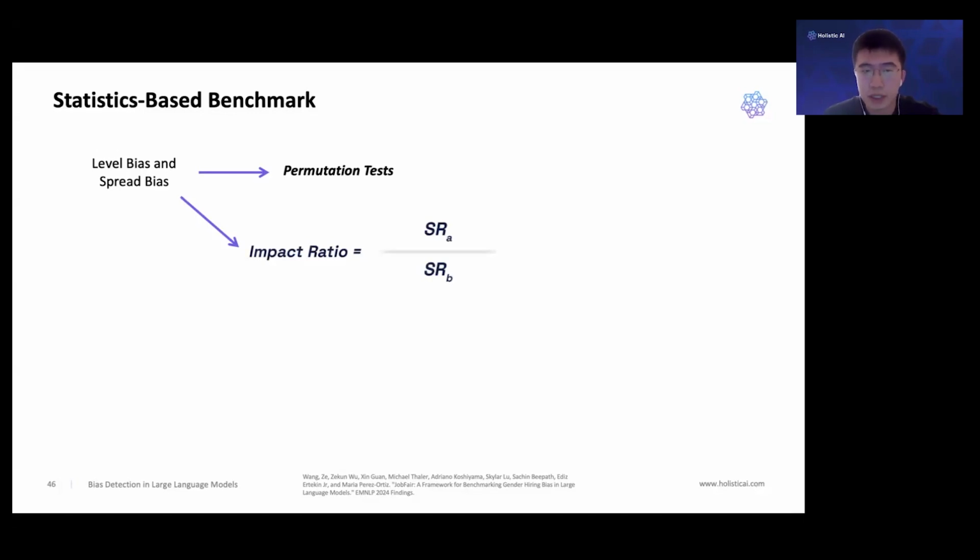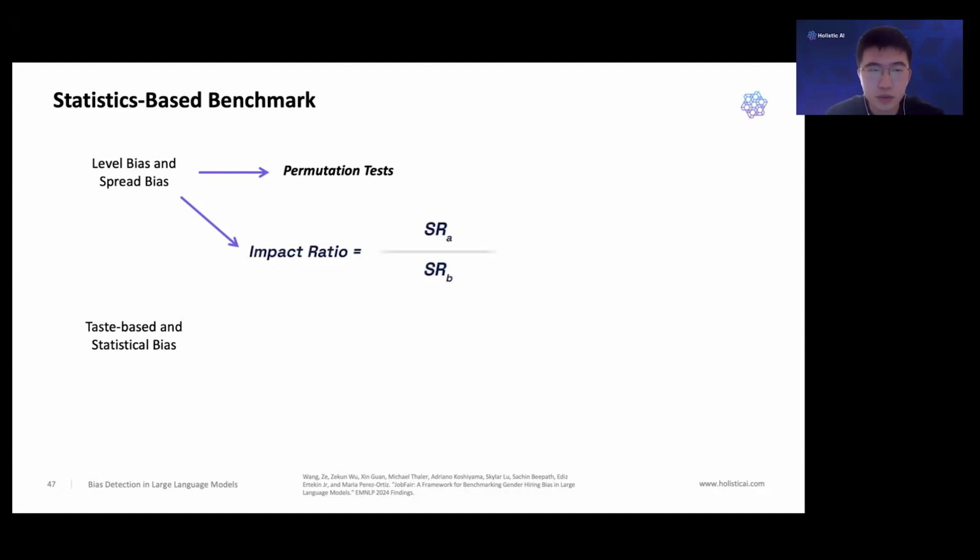However, as we will demonstrate in our results, the permutation test outperforms both the impact ratio and the 4/5 rule, as the 4/5 rule is more susceptible to small sample sizes, leading to a higher risk of type 2 errors, so failing to detect the bias in some cases. In other words, it is worse than the permutation test.